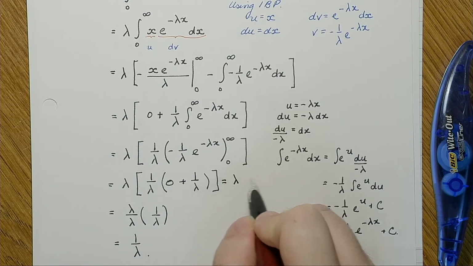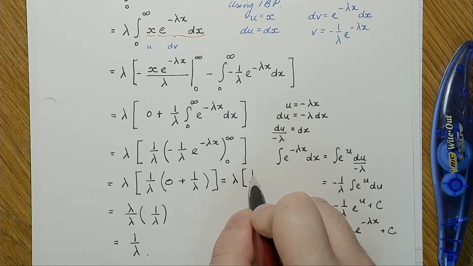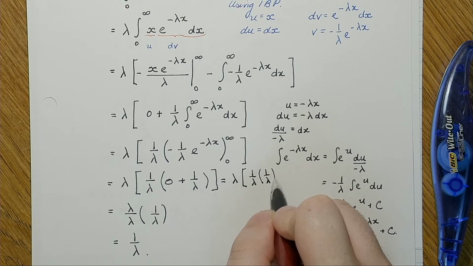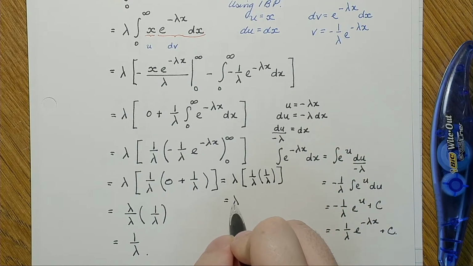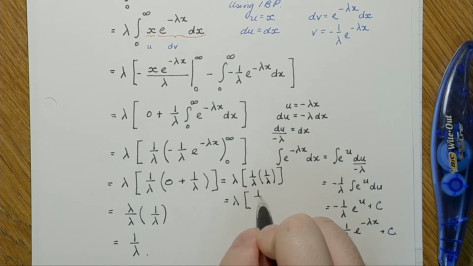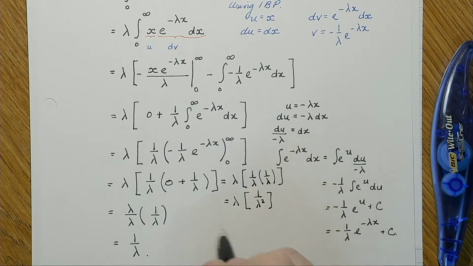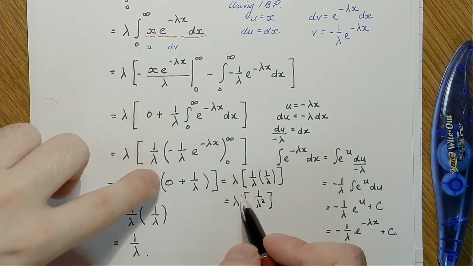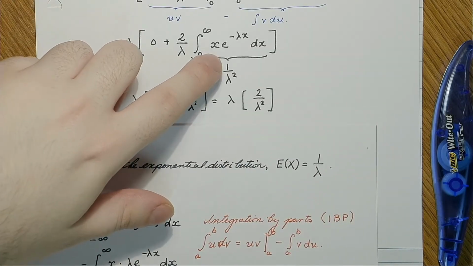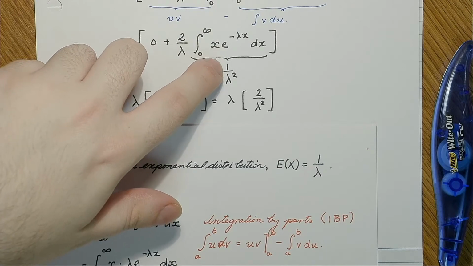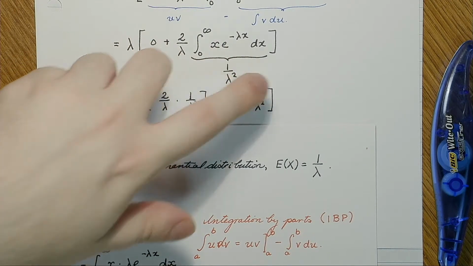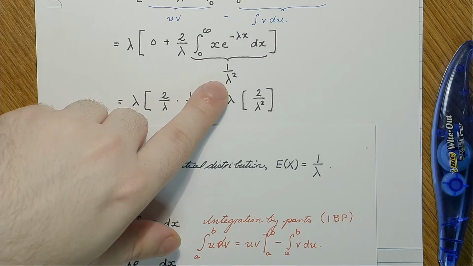Again, I had lambda times 1 over lambda times 1 over lambda. So that gives me lambda times lambda squared, which gives me the 1 over lambda. But for this integral that we had done, the integral from 0 to infinity of x times e to the minus lambda x dx should be 1 over lambda squared.